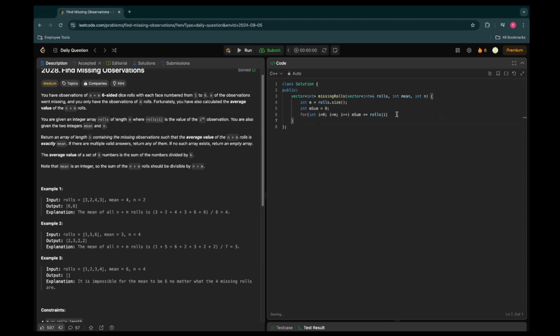Okay, now after this, first of all we need to calculate our num. What is num here? Okay, let me tell you. So num is mean multiplied by m plus n minus m sum, right?